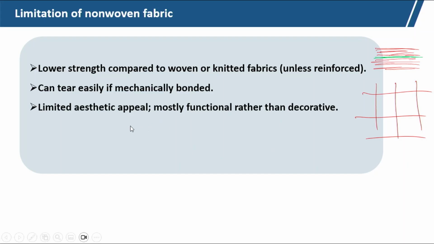Limited aesthetic appeal. So, that is why it is mostly functional rather than decorative. For technical textiles we use nonwoven fabrics, not majorly used for apparel or fashion fabric or decorative fabric.